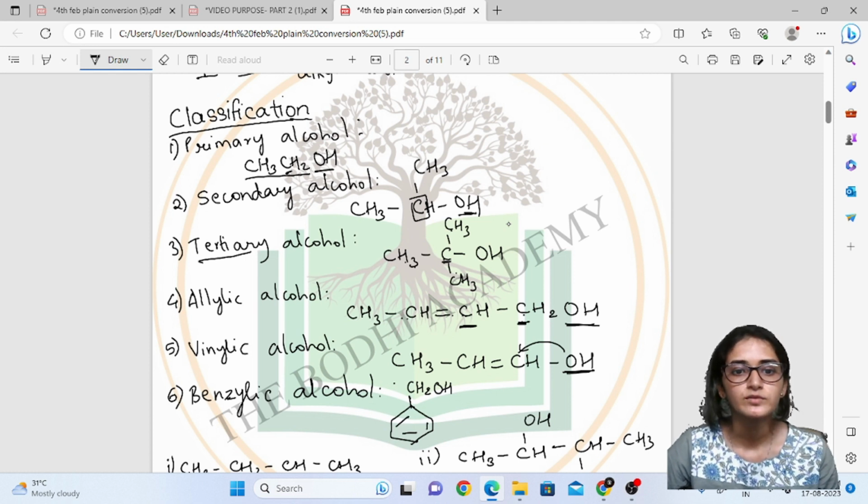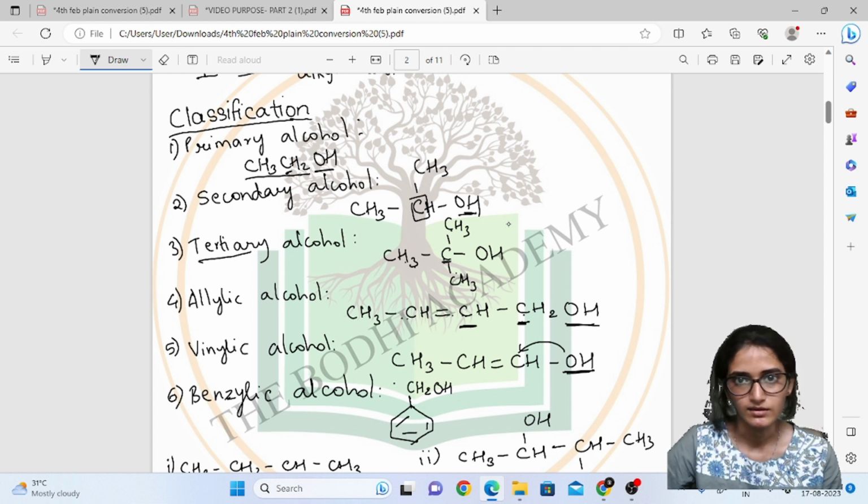Now what should be the name here? The name should end with "ol", that is the suffix of alcohol, and it will start with the alkyl group. So the name will be, now this is ethane. According to IUPAC, the name will be ethanol. Why have we not taken the E here?